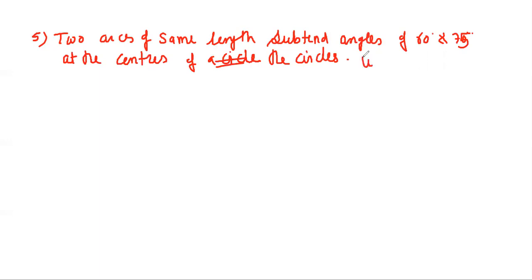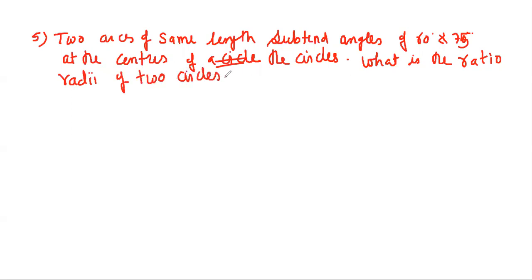What is the ratio of radii? Radii is plural of radius. Radii of 2 circles. So beta, if you see this, यहाँ पर 2 आर्क हैं सेम लेंथ के, अलग अलग एंगल पे हैं. दोनों हो सकता है दोनों सर्कल अलग अलग साइज के हो.